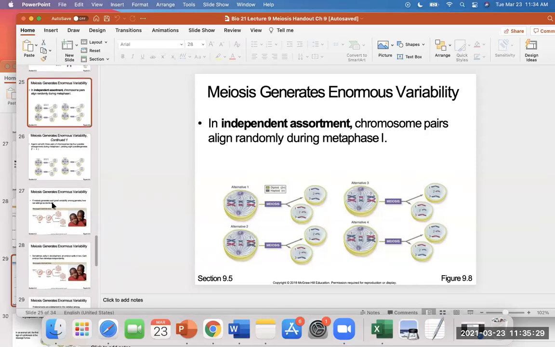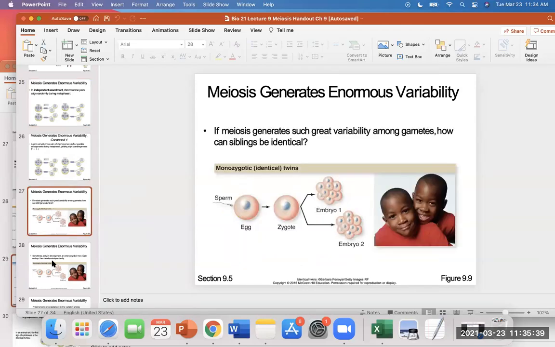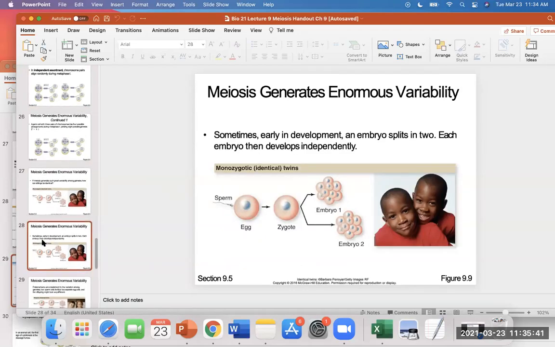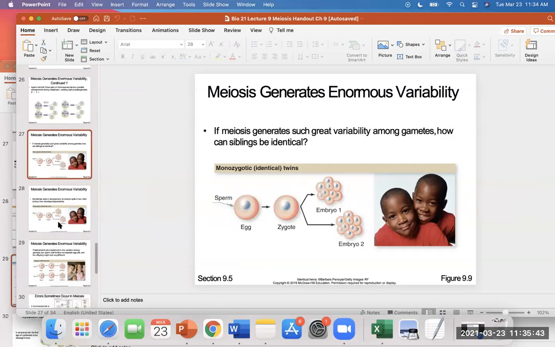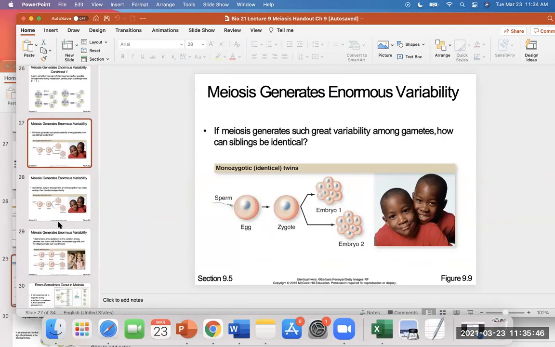It's happening randomly. Now, if I were to say, tell me the difference between monozygotic and dizygotic twins. Could you do that? I believe monozygotic twins will be the ones that are identical.